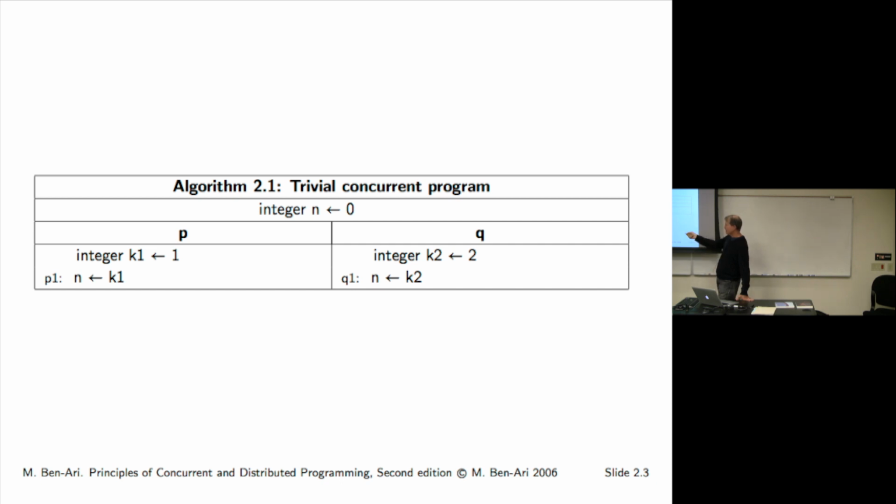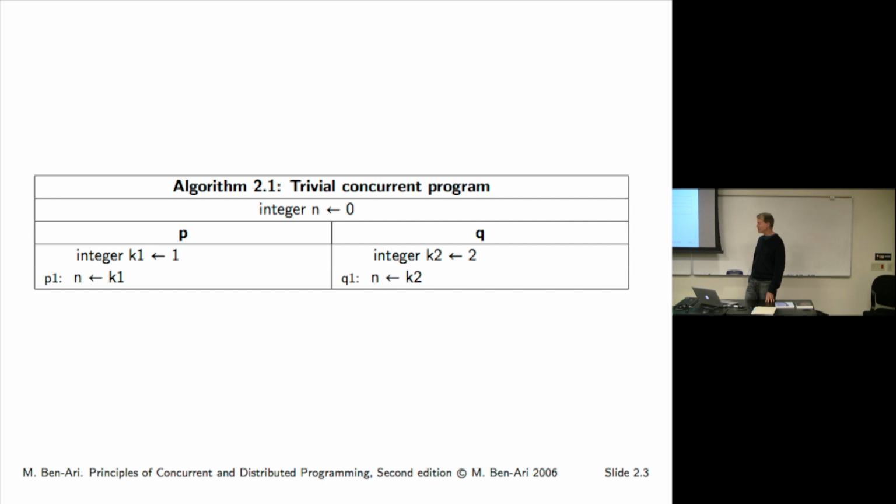And here's an assignment statement. P1, n gets k1. Here's an assignment statement. Q1, n gets k2. Here's my question for you. What is the value of n after these two things run concurrently? It depends on the interleaving, doesn't it? Yeah. And so what are the two scenarios?